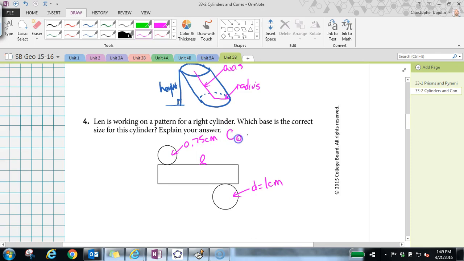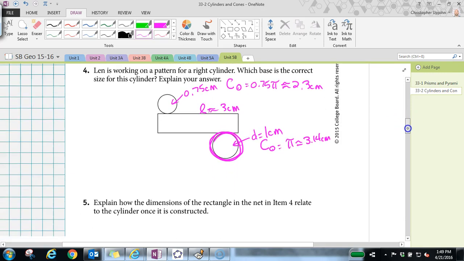So the circumference is 0.75 pi, which is about 2.4 centimeters. Whereas this circumference is 1 pi, which is about 3.14 centimeters, and this length is about 3 centimeters. So the correct one is this circle. That would be our base.